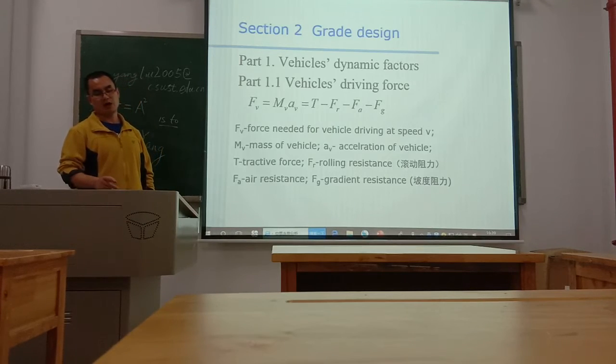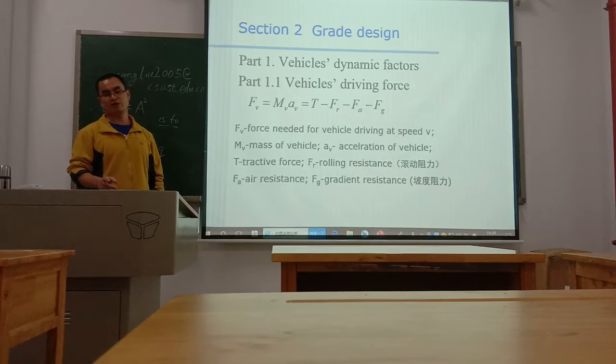Fv is the force needed for the vehicle driving at speed v. Mv is the mass of the vehicle. Av is the acceleration of the vehicle. Fr is the rolling resistance between the tire and the pavement. Fa is air resistance. Fg is gradient resistance.